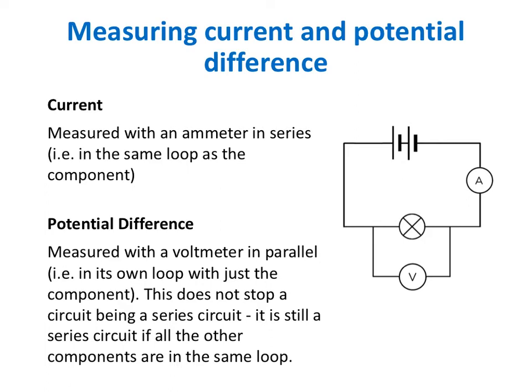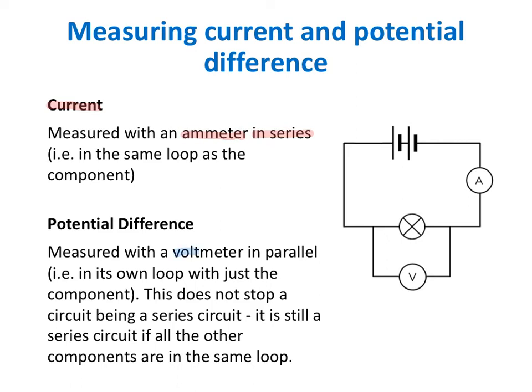We've already said right at the beginning when we were recapping that we measured currents using an ammeter. And whenever you're measuring current, you always put the ammeter in series. So you're always putting it in the same loop as the components that you want to measure. Potential difference is different.